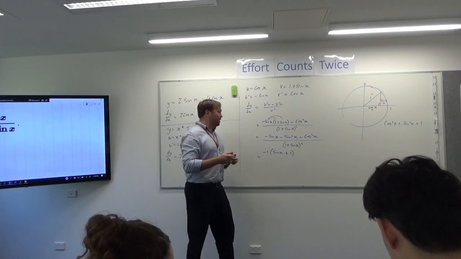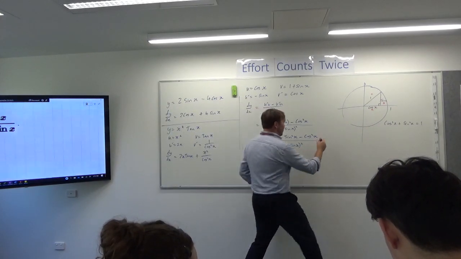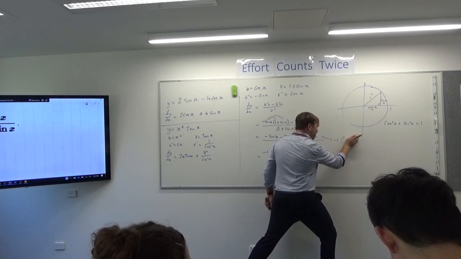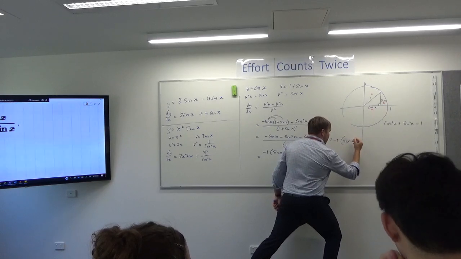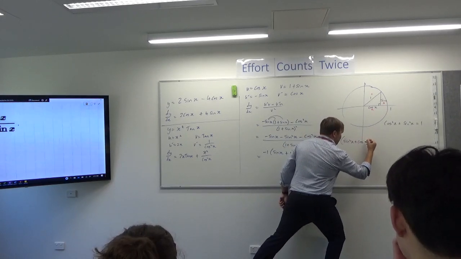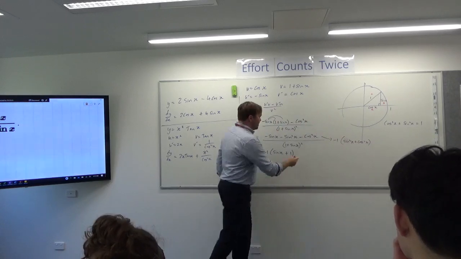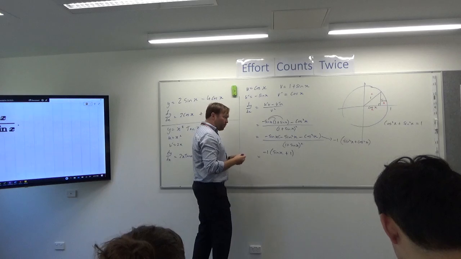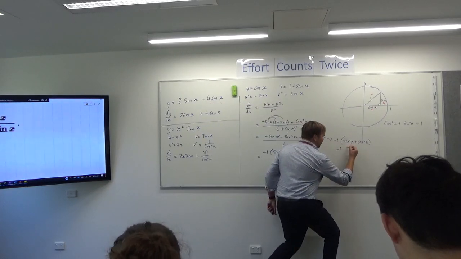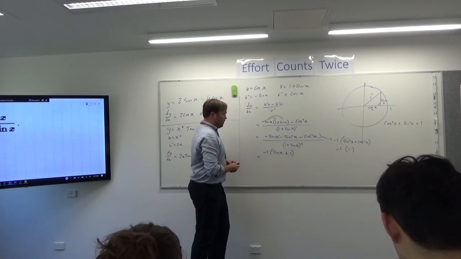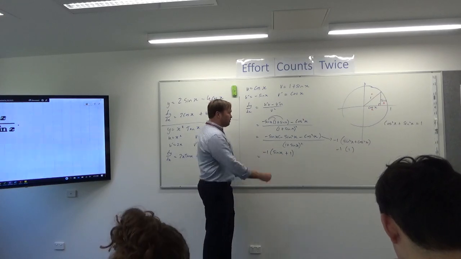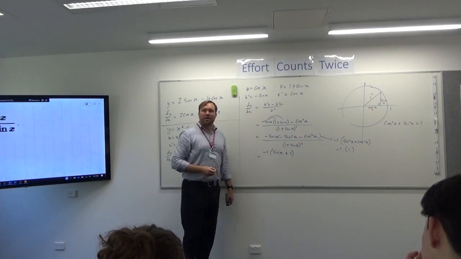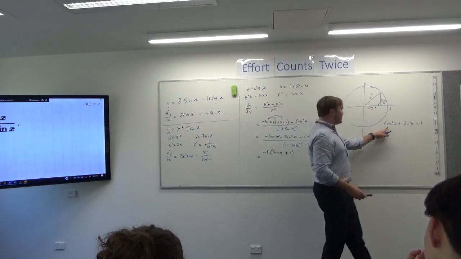I'll write an explanation off the side. Over here, it's minus 1 times sine squared x plus cos squared x. If I take a minus out of all of that, that's what's happening. And so really, it's minus 1 lots of 1. Why is it minus 1? Because I've factored out minus 1 from there and there, which has made it pluses, and I needed the pluses to get there.